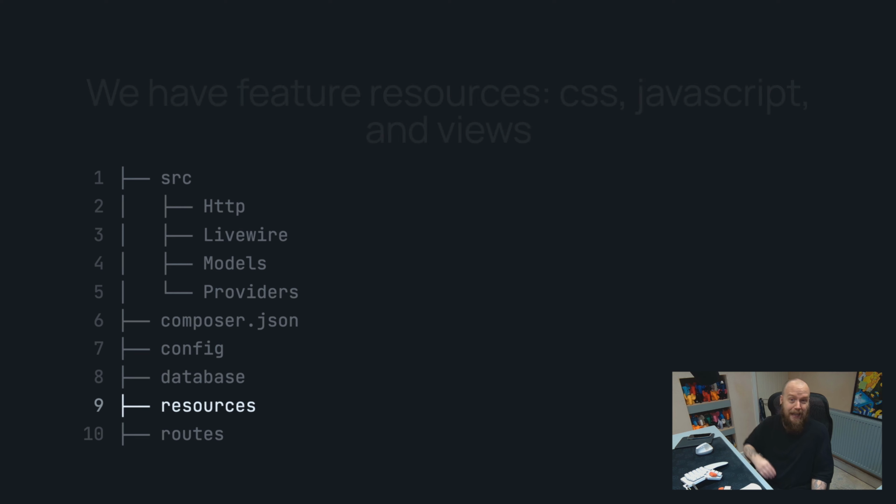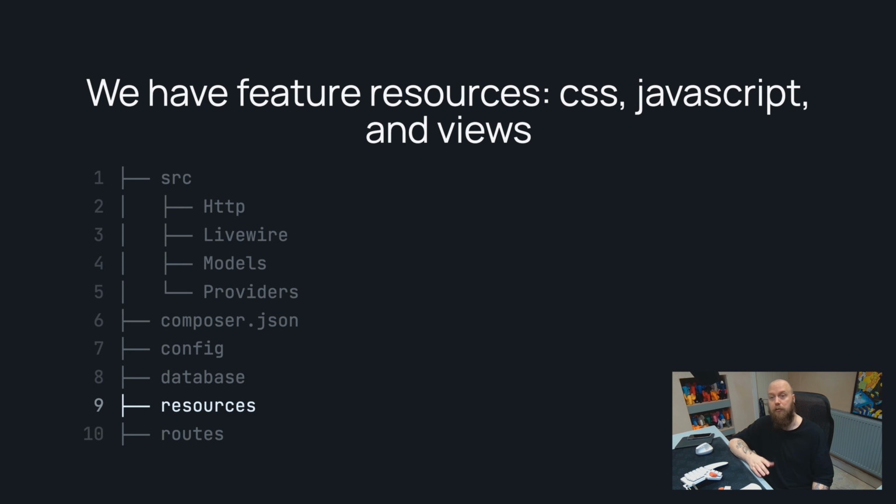It's simple. And then the same thing with resources. Any CSS, JavaScript, or views that you might need to create for your functionality or for that feature to work, it can be pulled into the resources directory. And your packages can require your main package as a dev dependency. It's a little bit of circular dependency, but it's not terrible.